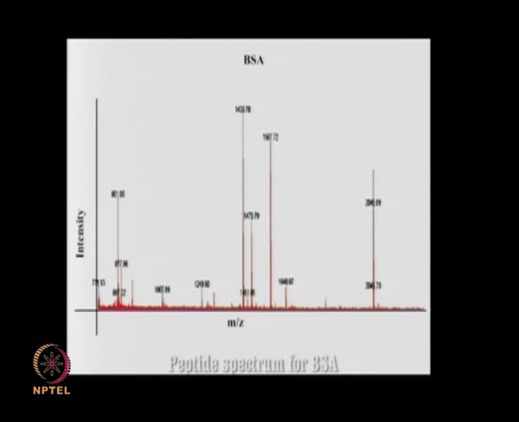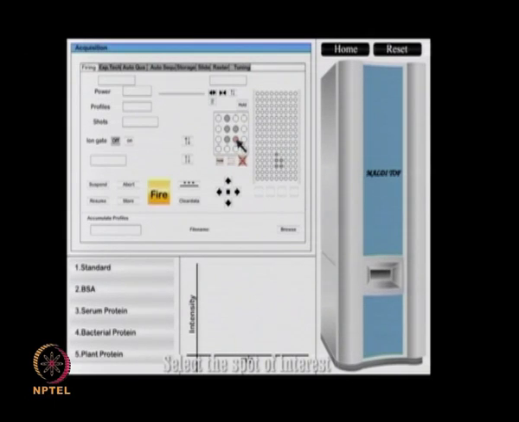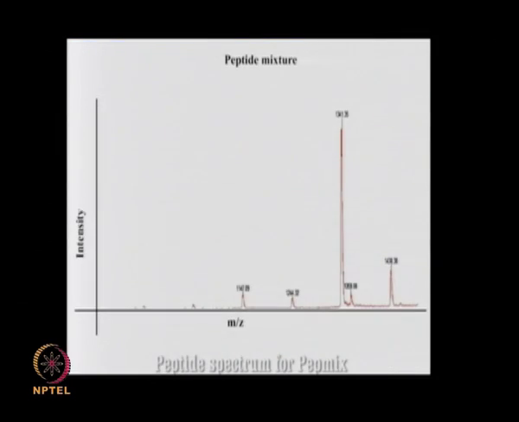You have to look at various locations where you can get the best spectra from that spot, and then you can freeze it. The same process can be performed for different spots and different regions. Now, we have shown here a spectra for the PEP mix.